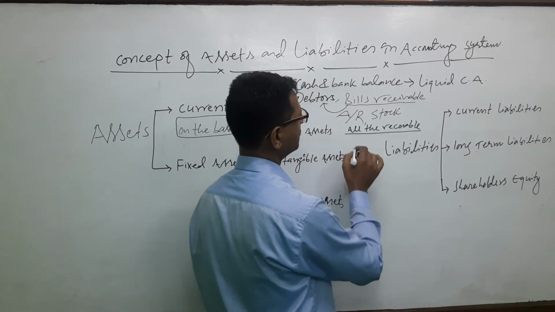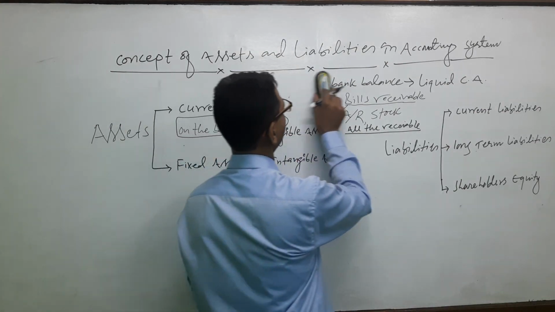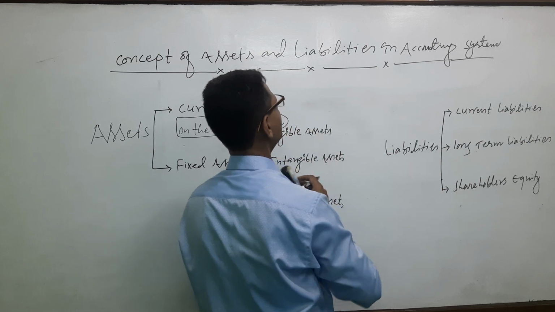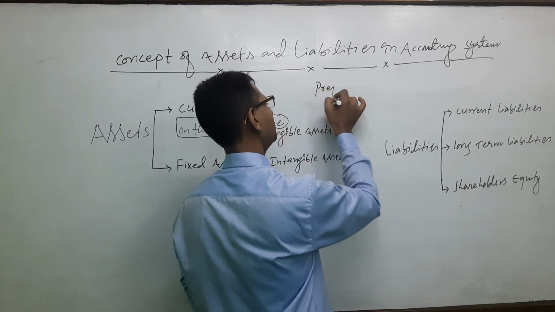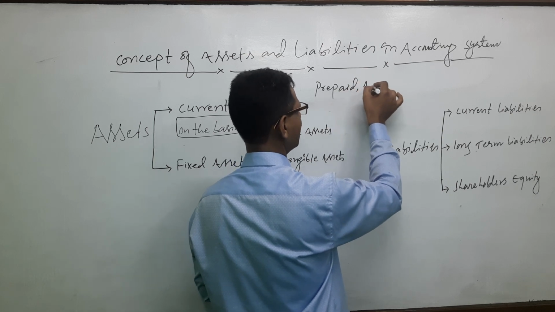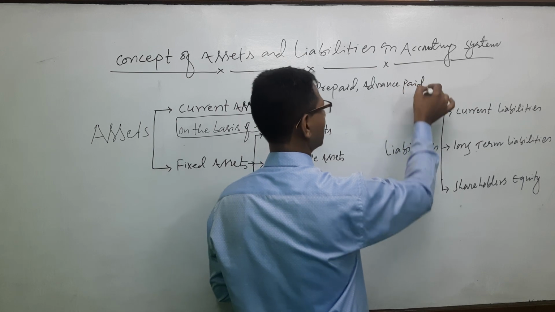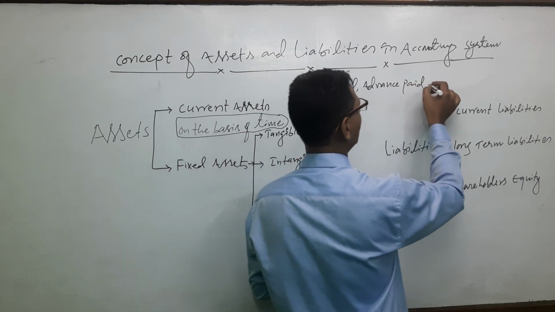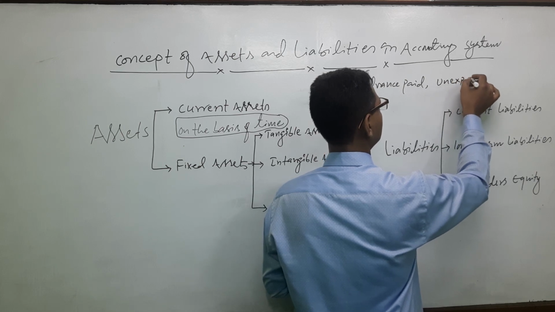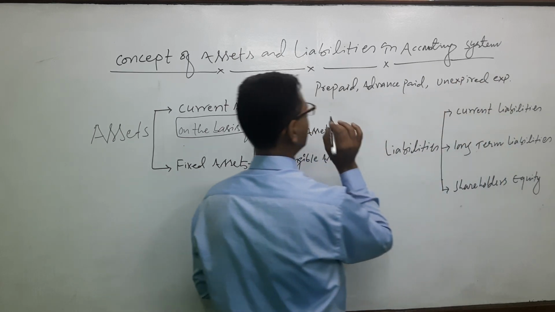Prepaid, it is also known as prepaid or advance paid. Prepaid is also a current asset. If we paid in advance, that is also a current asset. Or again, unexpired expenses. All these are current assets.